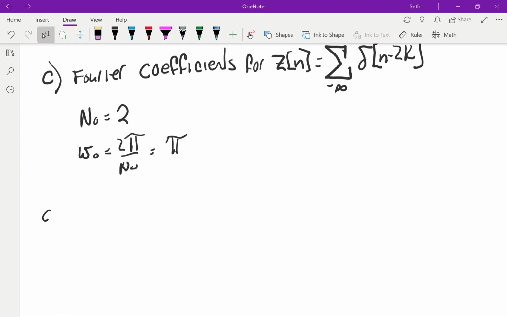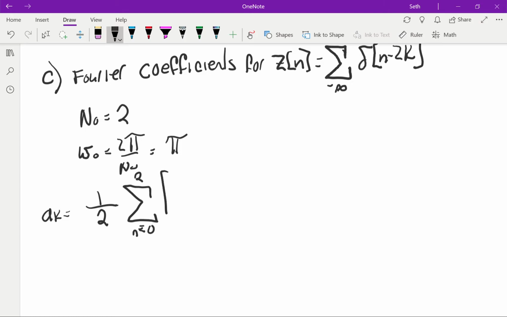Okay, so for the Fourier coefficients, we're going to use the formal definition, which is given as 1 over N, and in this case N is 2, and the sum goes from n equals 0 to N minus 1, so from 0 to 1.